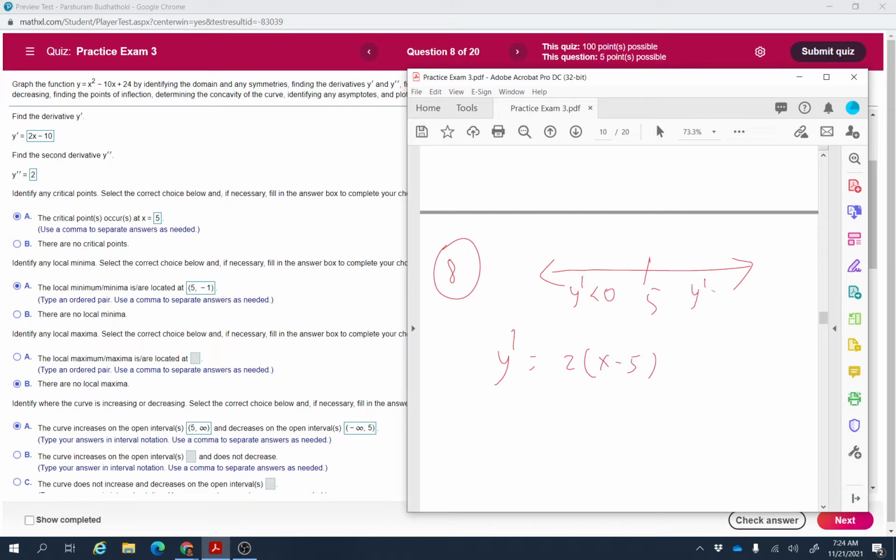And on this interval, the first derivative would be positive. By looking at this, we can say that the graph is decreasing on the interval from negative infinity to 5 and increasing from 5 to positive infinity. So that's how we can answer this question. The curve is increasing from 5 to infinity, and decreasing from negative infinity to 5.